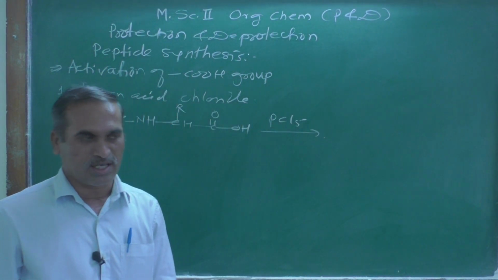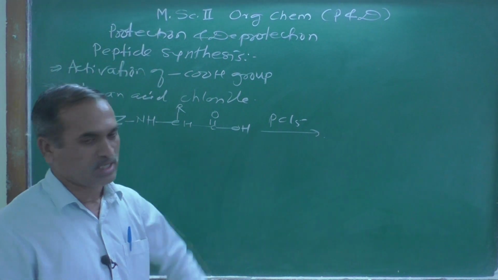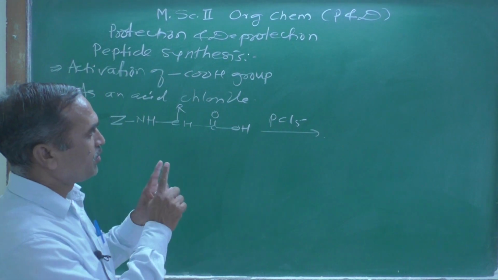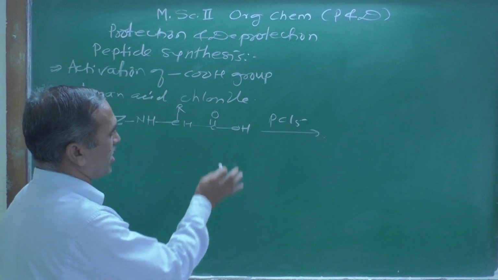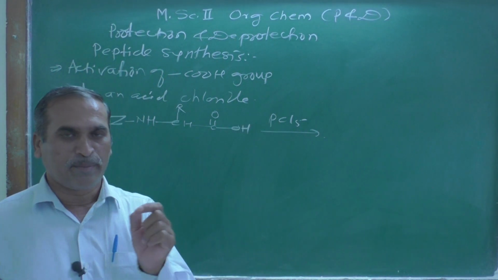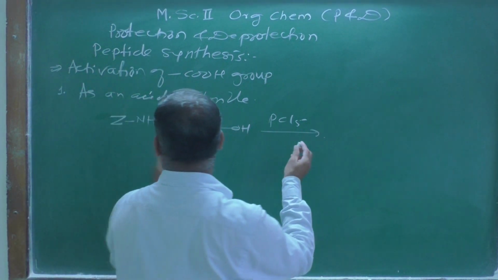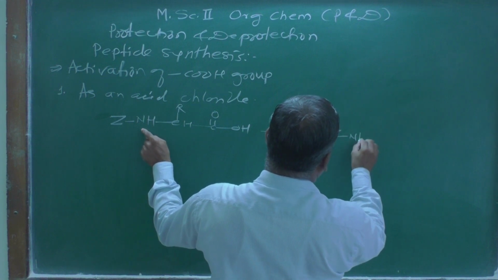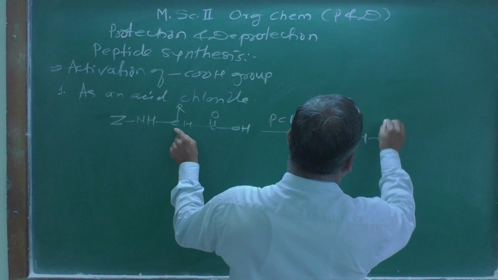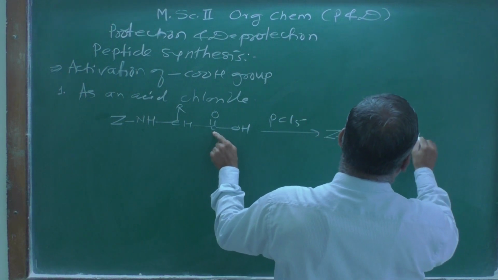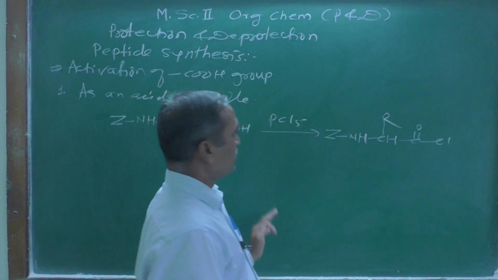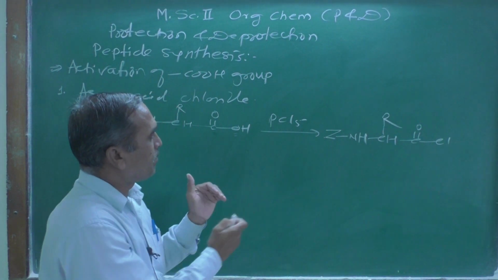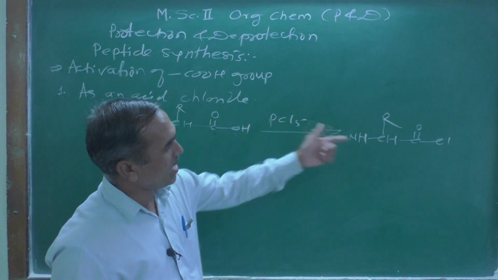PCl5, or SOCl2 thionyl chloride in presence of base, or PCl3, these are the suitable reagents which can replace the OH group by Cl. And what is going to happen here? Look here: Z, NH, then CH, R, then C double bond O, Cl. Now what we did here, we replaced the hydroxyl group by Cl.